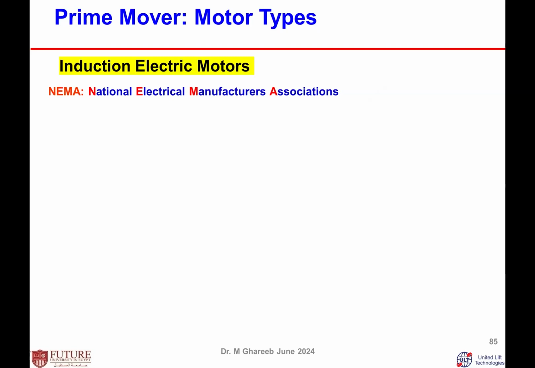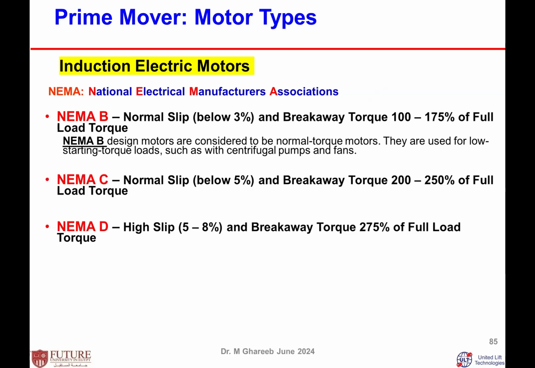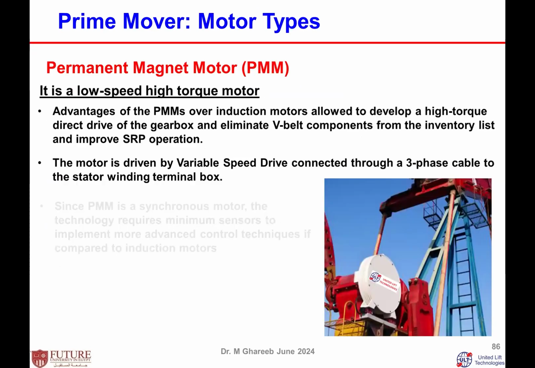Each one is, okay, NEMA B, NEMA C, NEMA D, or combined, whatever. Each motor type has a certain specification, so you can select a suitable one for your well. But the most commonly used one is NEMA D, because of its high slip and high starting torque, and so on.